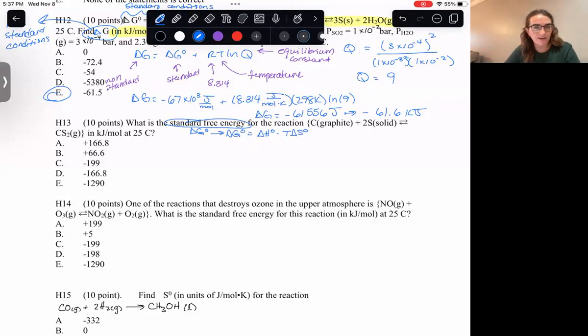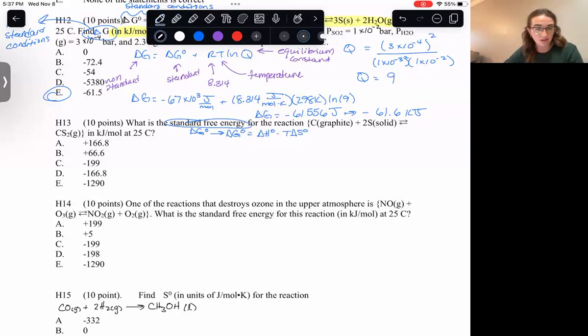Okay, so we're not given a lot from our question. We're looking for delta G, so we need the delta H, T delta S. How do we find that information? Yep, we have our chart from the start of our homework.